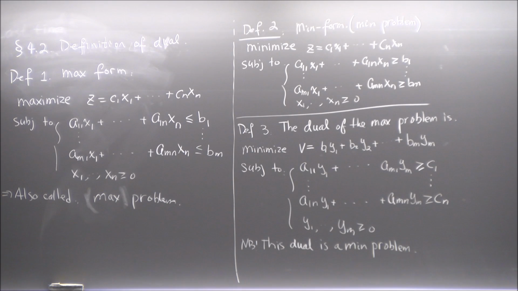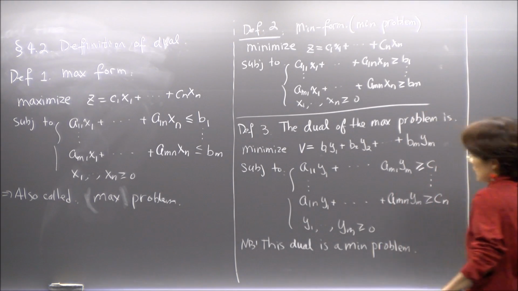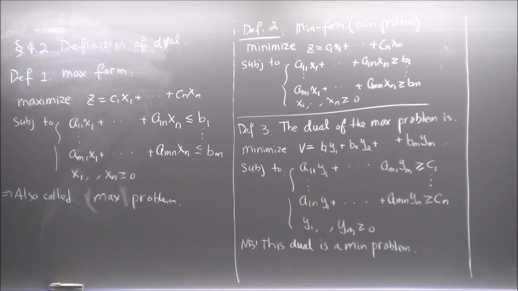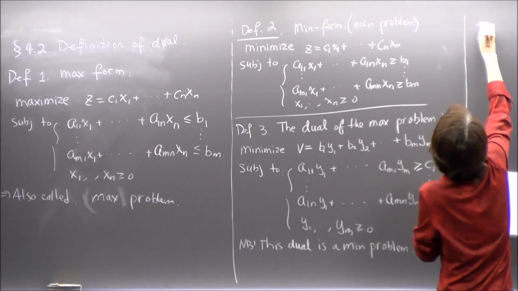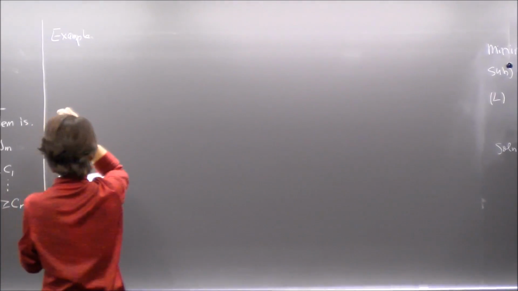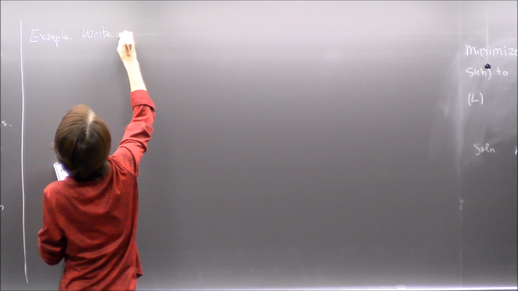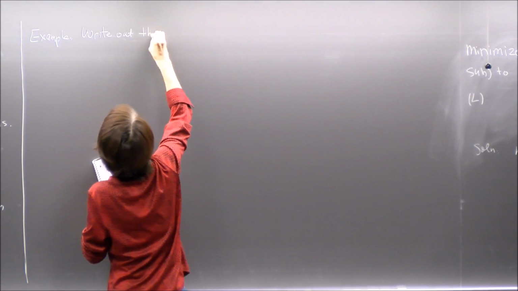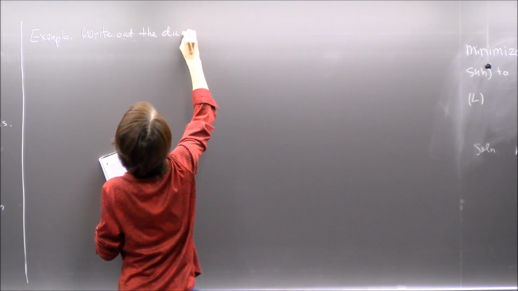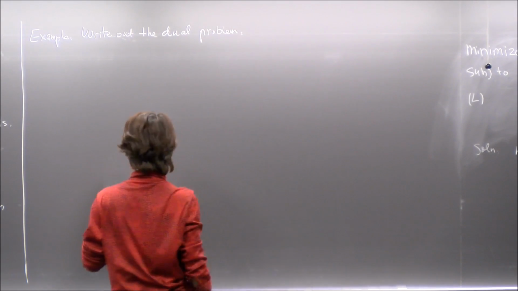Let's take an example, just to practice with concrete numbers how to form the dual if you are given a max problem. Okay, might be a bit redundant, but it will be useful to see. Example. Okay, let's say write out the dual problem of the following.